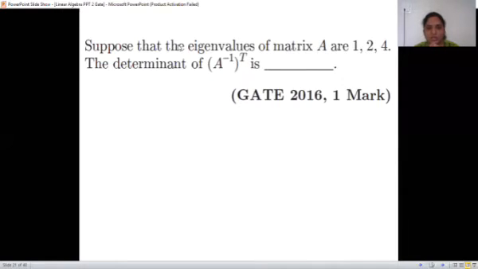So easily we can find the eigenvalues of A inverse. And then my next question is, if lambda 1, lambda 2, lambda 3 are the eigenvalues of matrix A, then what will be the eigenvalues of A transpose?